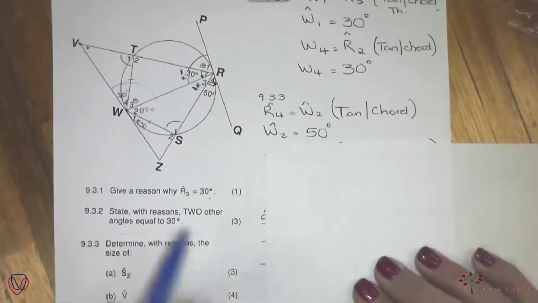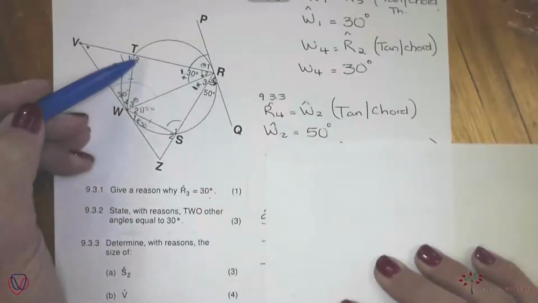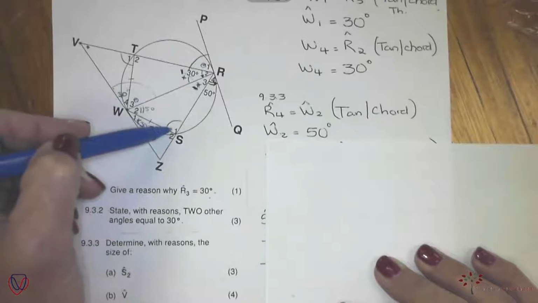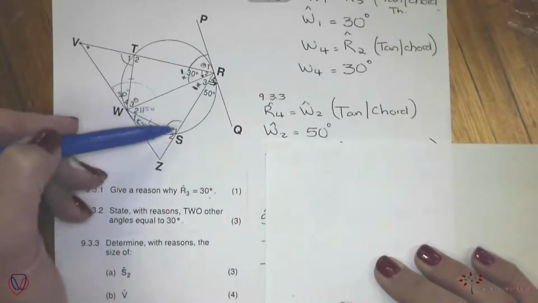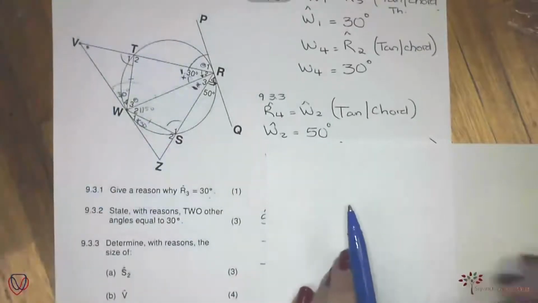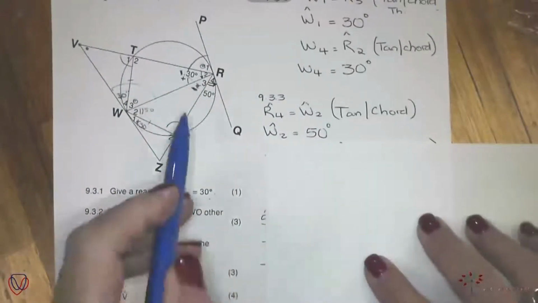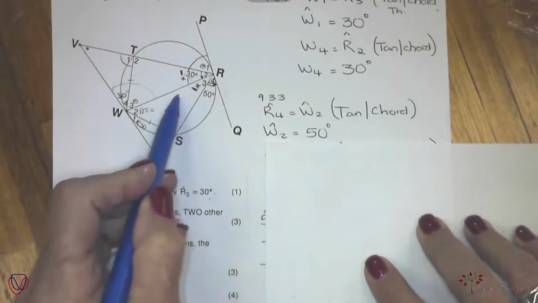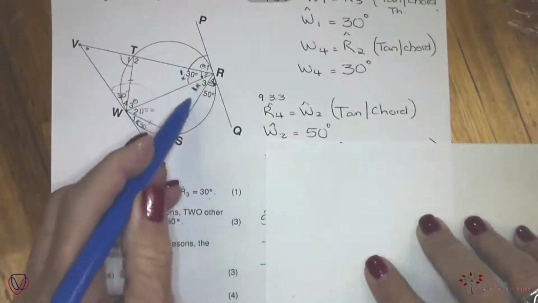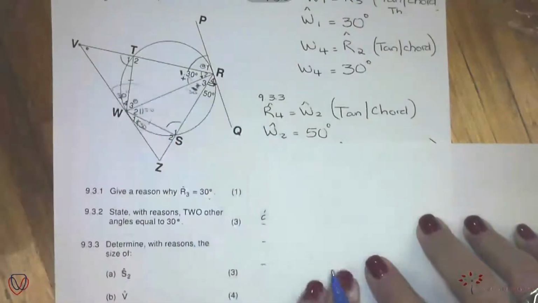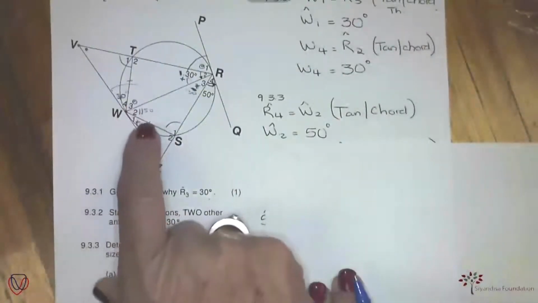But in the cyclic quad, we know that T2 plus S1 is 180. Look at S1. You see the stepping stones over the river. Go back to S1, because we can determine S1. In this triangle, we have two angles, because we've proven that one is 30. That one we've proven is 50.